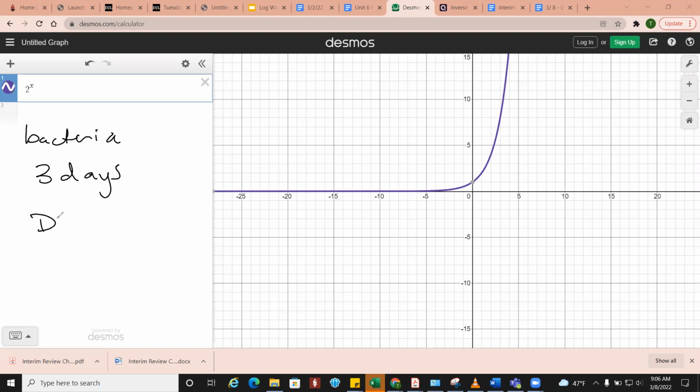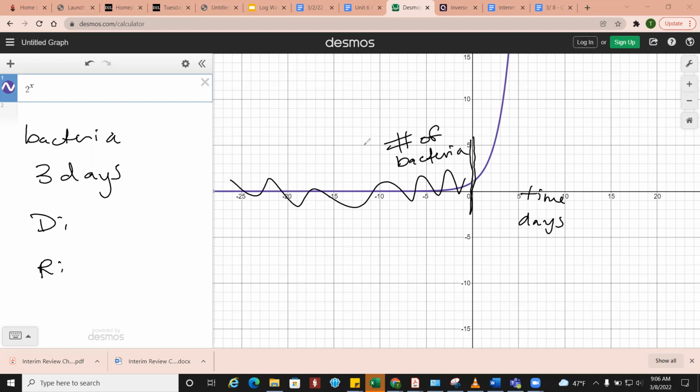I'm asking you for the domain and the range. When you're dealing with a bacteria population or a word problem, you're normally going to cut off your negatives. You're not going to deal with a negative day, because your x-axis is the time or number of days, and your y value is the number of bacteria.